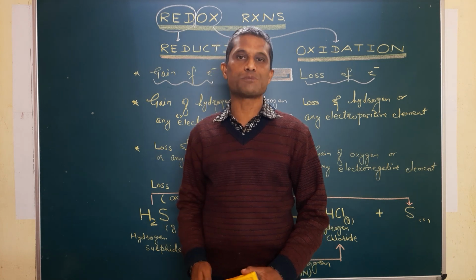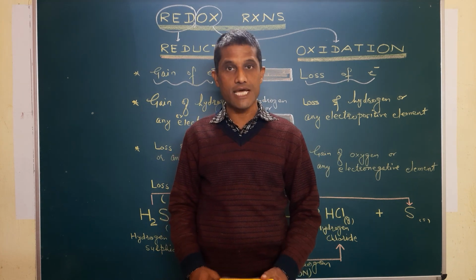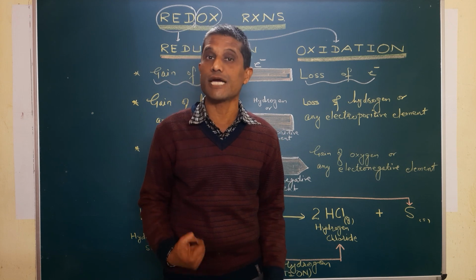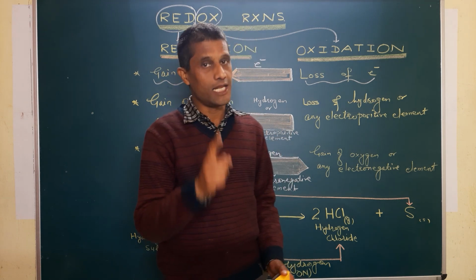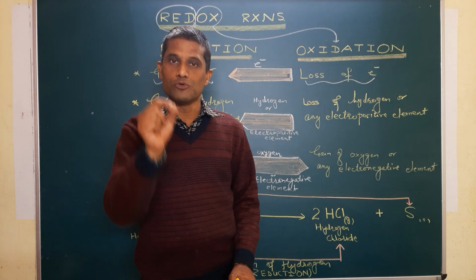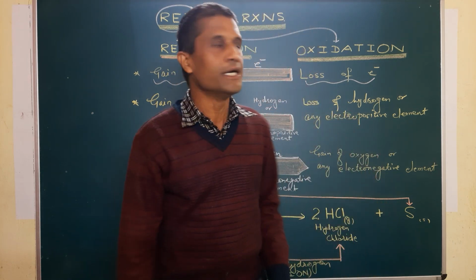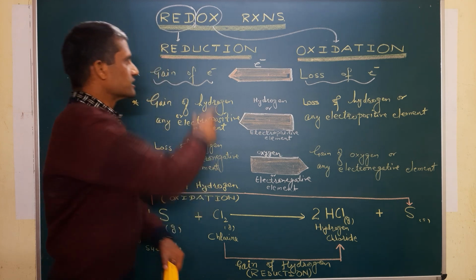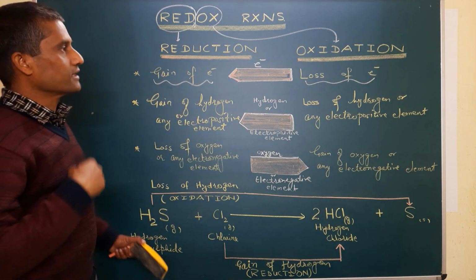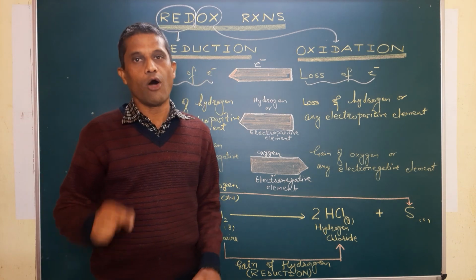In displacement reaction we will try to understand the mechanism involved. Over there you will see the glimpses of electronic concept involved in redox reaction. So this is reserved for the coming videos.